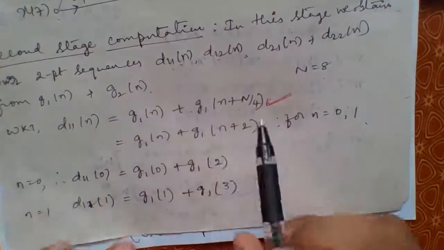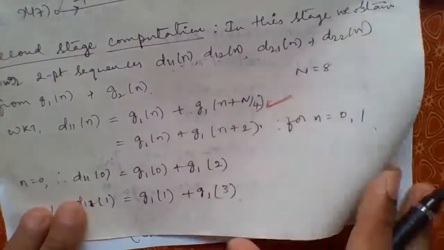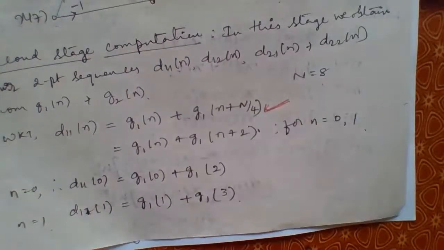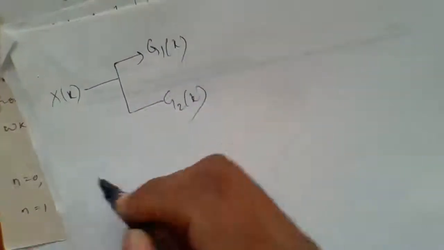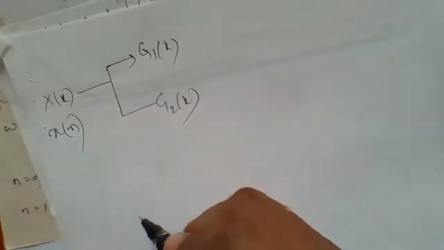Okay, so here I can show in the graphical format that, see here, from x of k, what we have is g1 of k and g2 of k. So x of k is because of x of n.